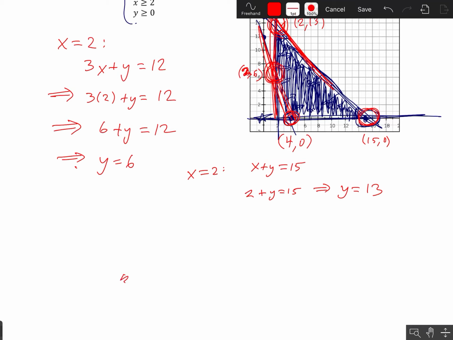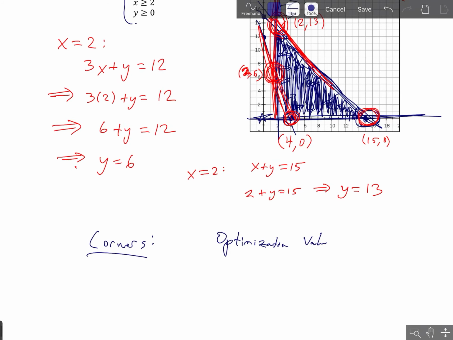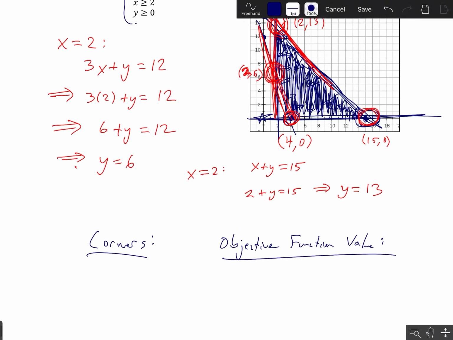So next, we have to take our corner points and make a table of corners and the corresponding objective function value, because we normally call the thing that we're optimizing the objective function.